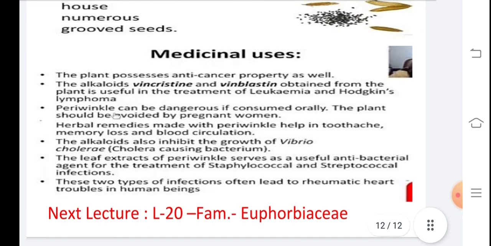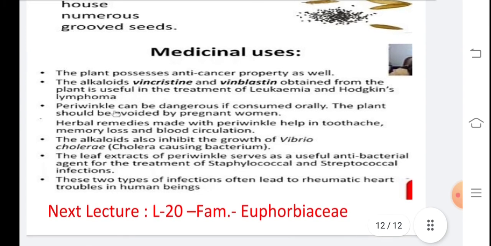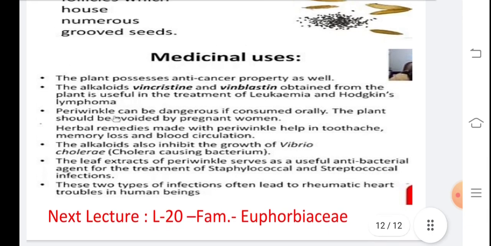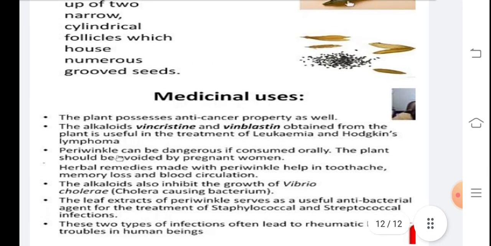So therefore limited or proper dose is important. Leaf extract is good as an antibacterial agent against certain bacteria, staphylococcus infections, through water, so it is used. And these are commonly used in rheumatic heart. Rheumatic means joint pain.